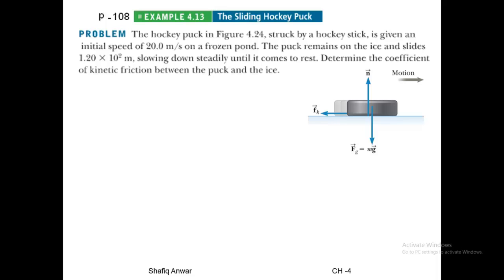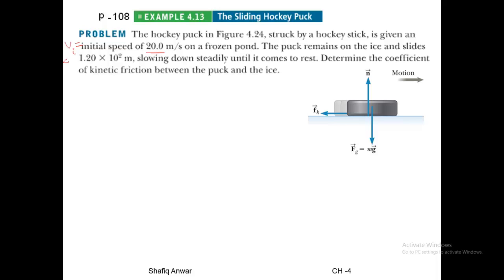The hockey puck in the figure, this is a hockey puck, and we strike it with a hockey stick, is given an initial speed v sub i, this 20 meters per second, on a frozen pond. The puck remains on the ice and slides this much.